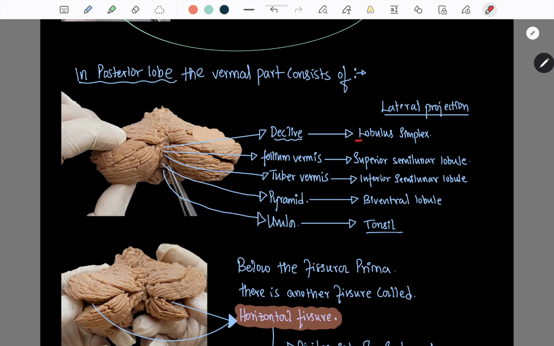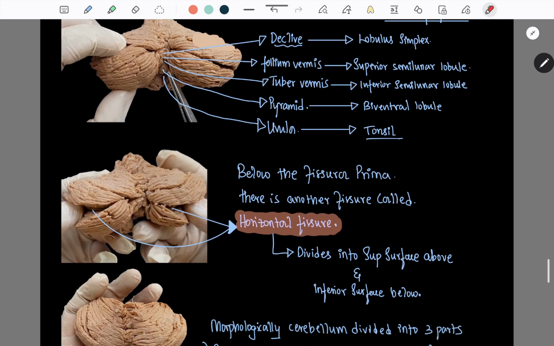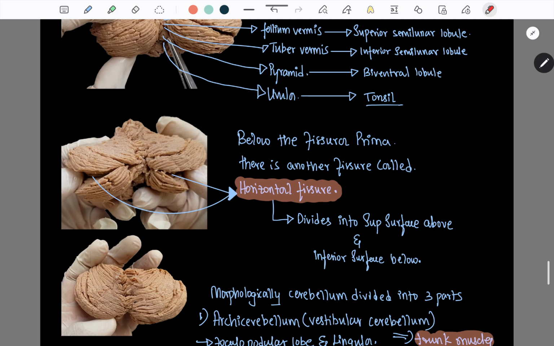From the declive, the lobulus simplex. From the folium vermis, the superior semilunar lobule. From the tuber vermis, the inferior semilunar lobule. From the pyramid, the biventral lobule. From the uvula, the tonsil. These are the lateral projections from all these parts.